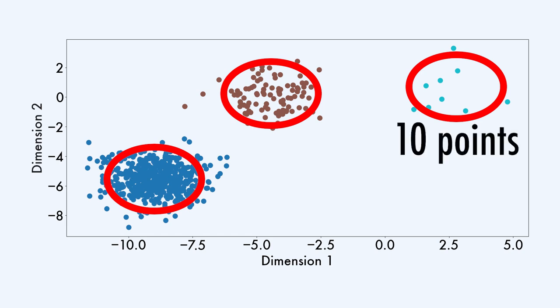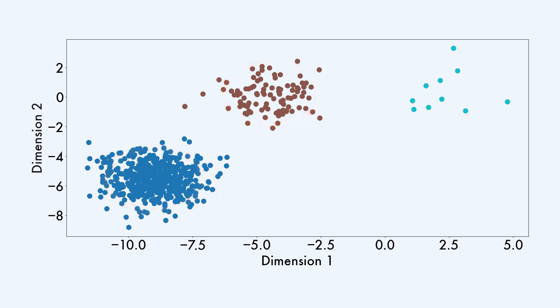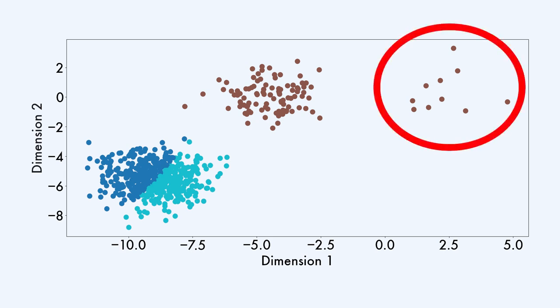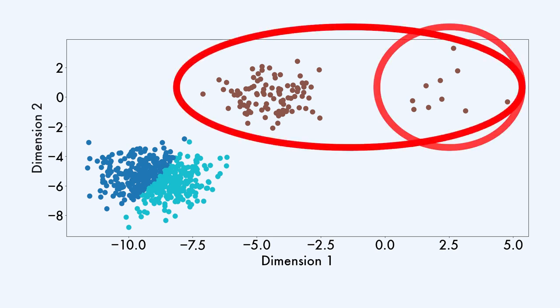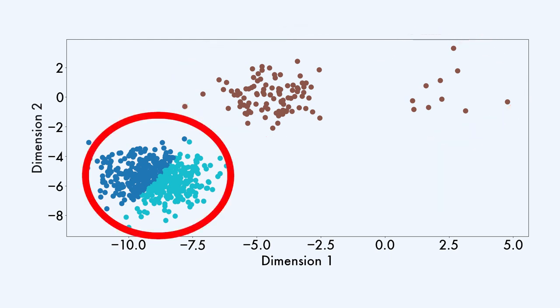One cluster has 10 points, another has 100, and the navy blue one has 500 points. Running K-means on these datasets will lead to a bad clustering. The cluster with the least points will become merged with the closest cluster, and the biggest cluster inside is divided into 2.